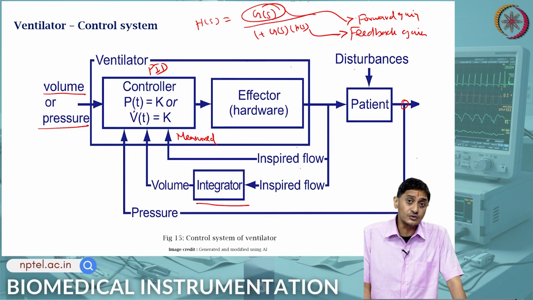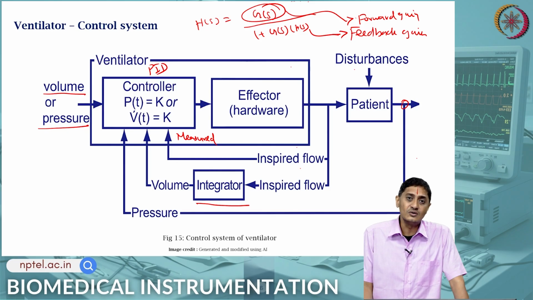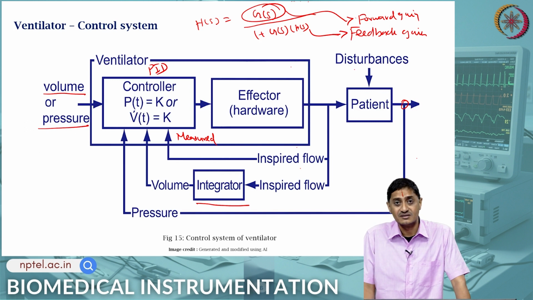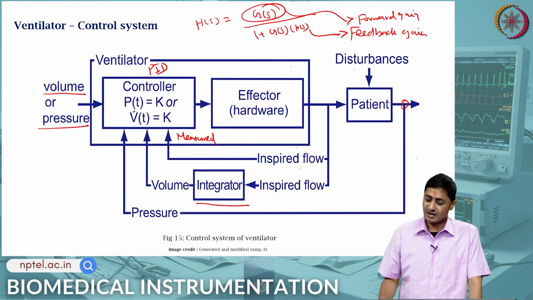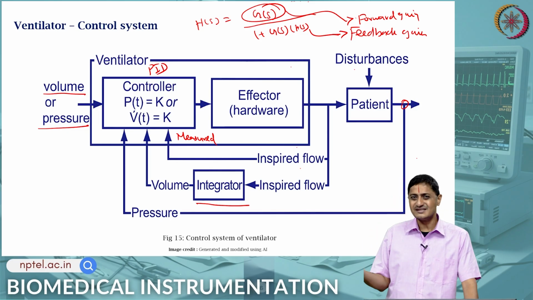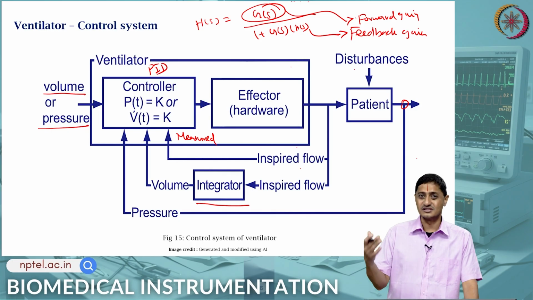Well, in a cruise control system in a car, you can either control the engine power or speed. These are comparable to volume and pressure, right. But on flat terrain, these two are essentially the same. If you control the power, then you are controlling the speed.